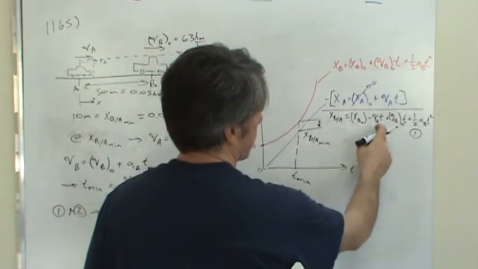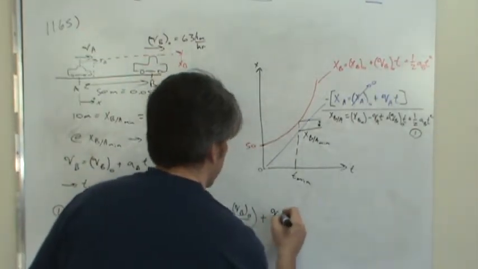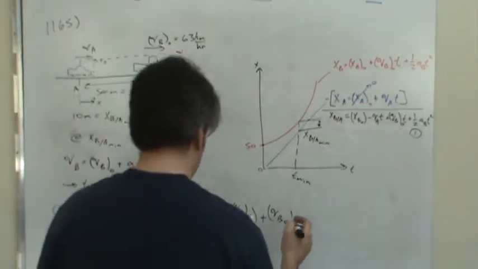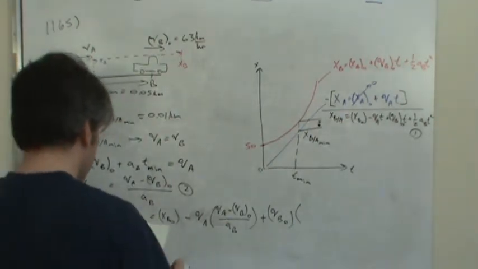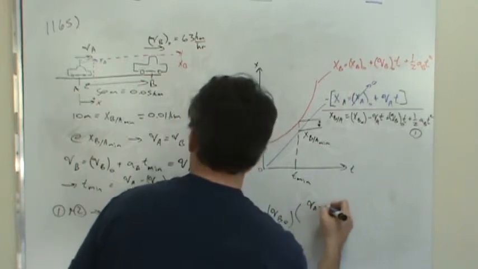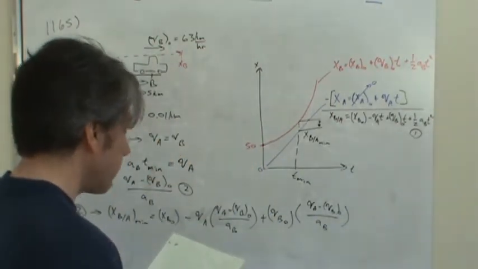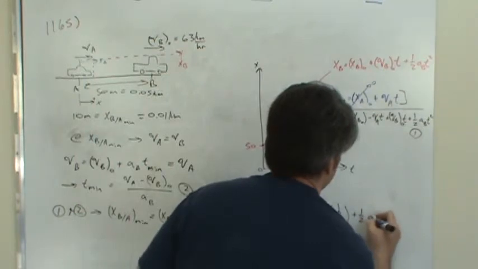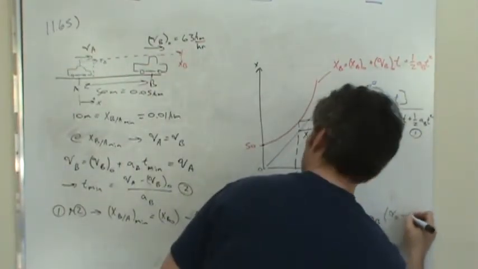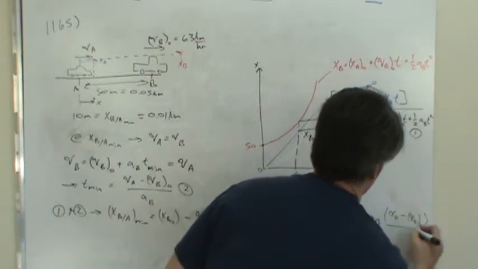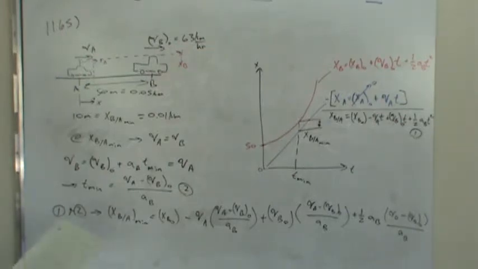So that takes care of the first three terms in the equation, plus VB naught, which is just the initial velocity B, which we know is 63 kilometers per hour, multiplied by, now I need T again, but now it will be the minimum time, and so that would be VA less VB naught divided by acceleration of B. And then finally the last term, plus 1/2 acceleration of B, T squared, but T squared is being evaluated again at the minimum time, so that's VA less VB naught over AB. Now this looks like a mess, and it is.